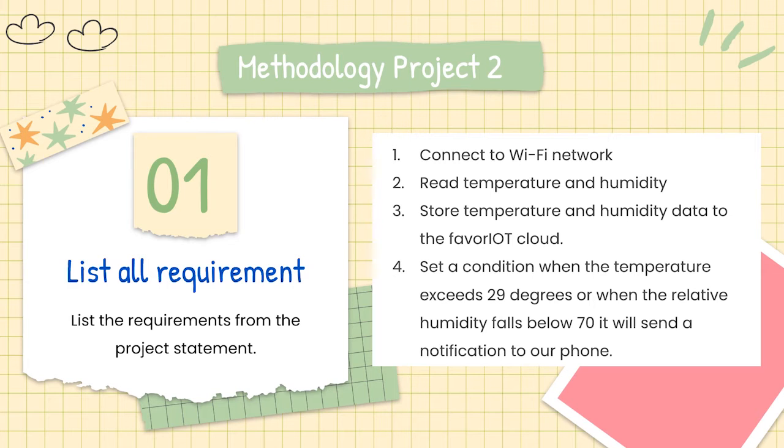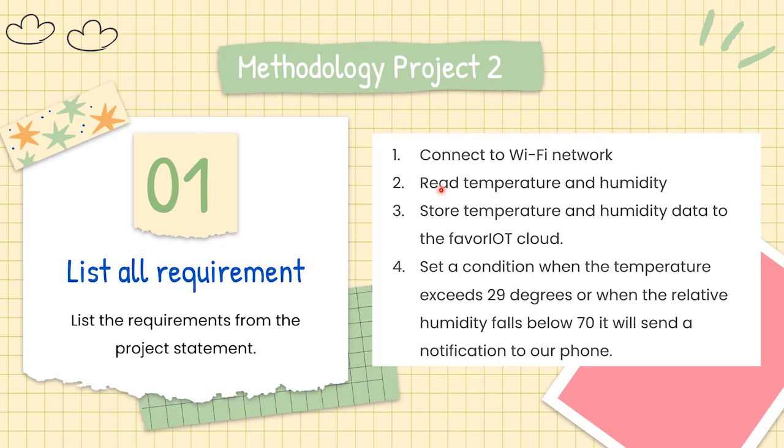Assalamualaikum, my name is NABILAH and I will explain the methodology for project 2. Step first is list all requirements. In this step, we will list all the requirements from the project statement. So here are the requirements needed to complete this project. The first one is we need to make sure the device is connected to Wi-Fi network.